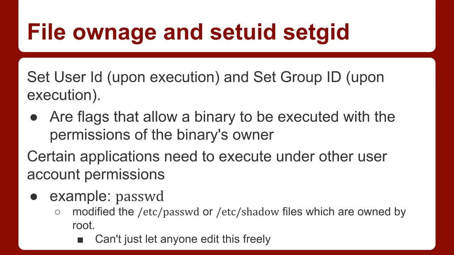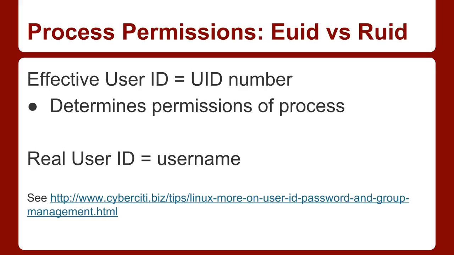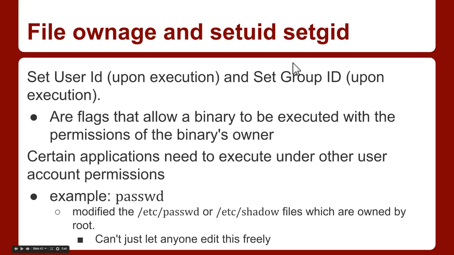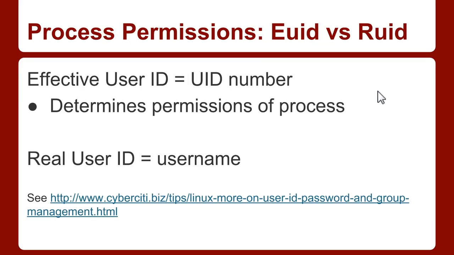So you don't want to just let anyone do this freely, and there's tons of other applications of this, tons of other examples of this application. So set GID is very similar. It denotes what group ID this should be run as when you run a binary. And another two things to consider is that when a process is running, the effective user ID is the UID number.